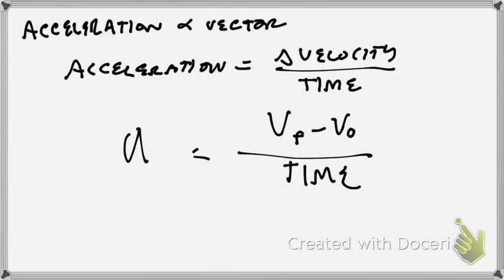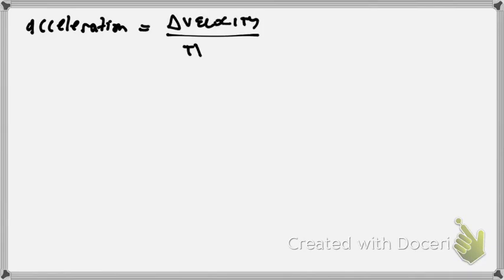So now we understand that acceleration and velocity are both vectors, right? But one point that I want to make is that, so let's just write out acceleration. So acceleration is the change in velocity over time, right?